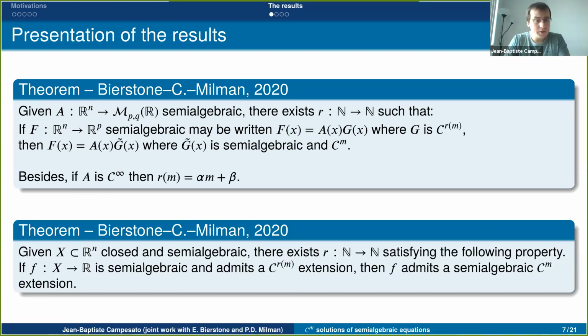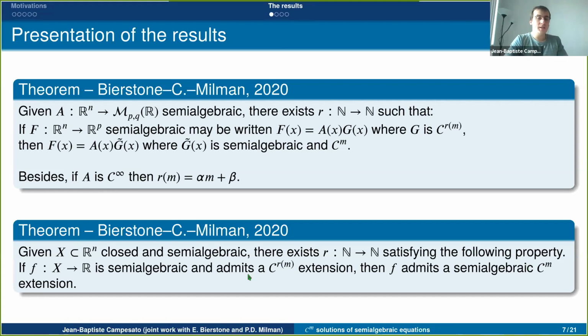The second theorem, the second result, which is related to Whitney's extension problem, is the following one. So we start with X, a closed semi-algebraic subset of R^n, and we can associate to X a function R from the natural numbers to themselves, which satisfies the following property. If we consider a function f which is semi-algebraic and defined on X, then if f is the restriction of a C^R(m) function, then it is the restriction of a function which is C^m, but also semi-algebraic.